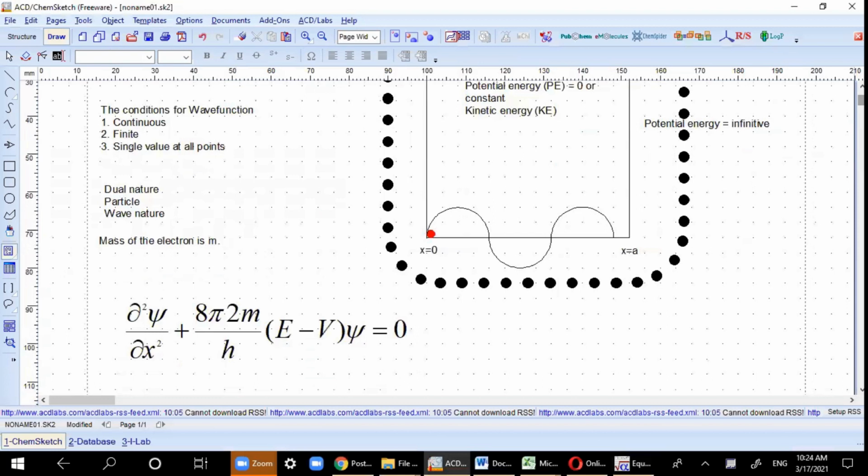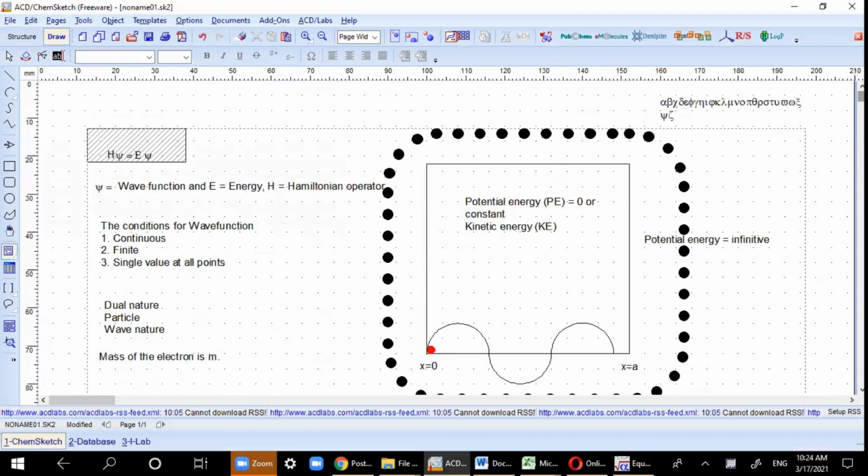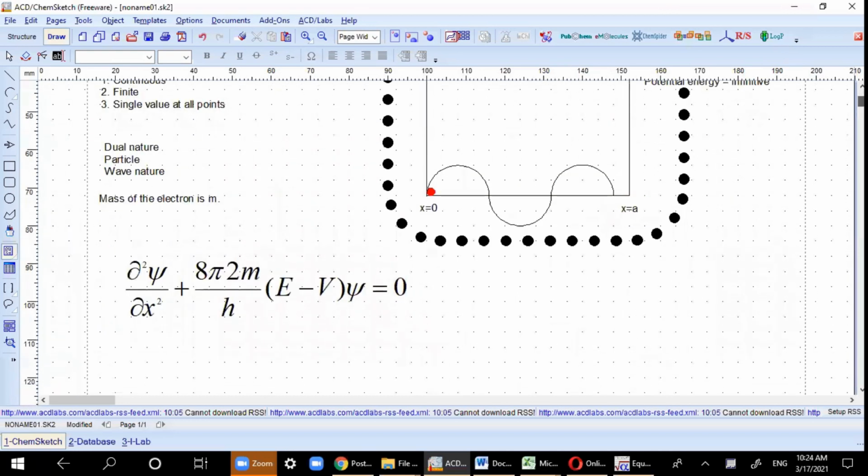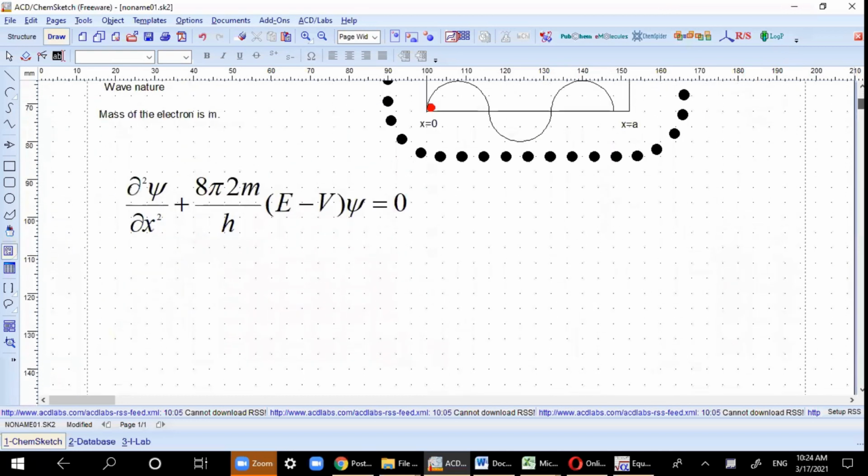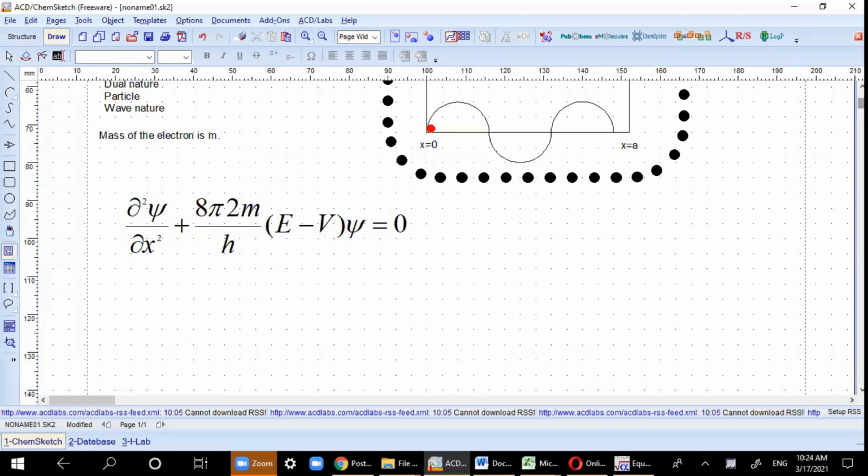And here, why are we using dou? This is a partial differentiation. What is the difference between d by dx and dou by dou x? Dou means partial differentiation, and d means differentiation.